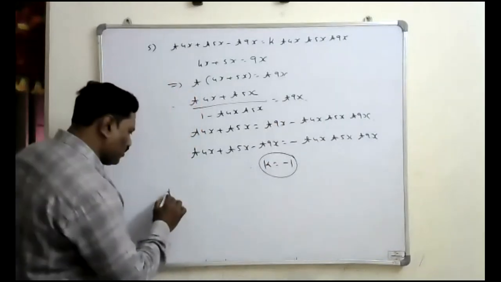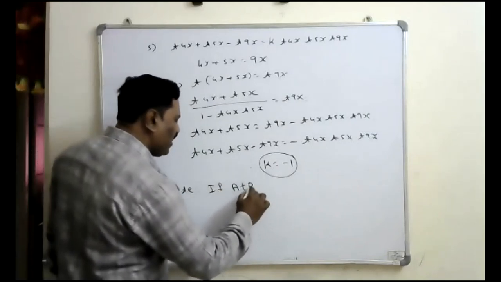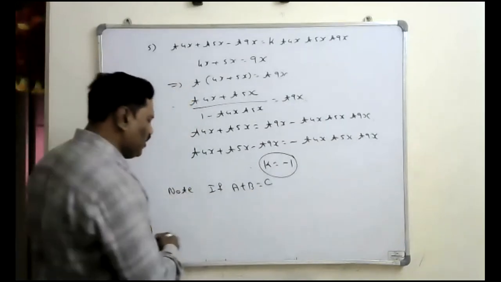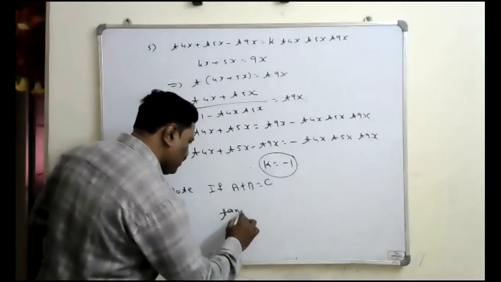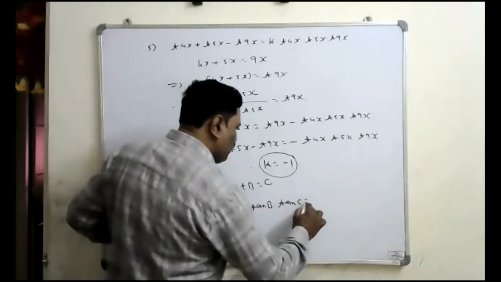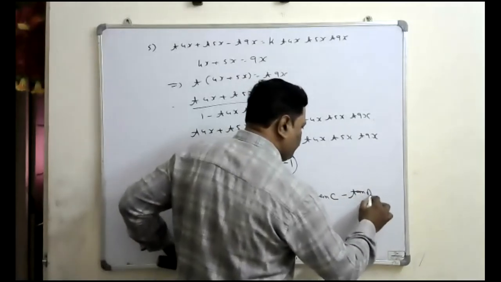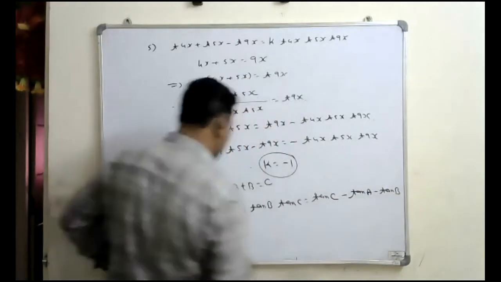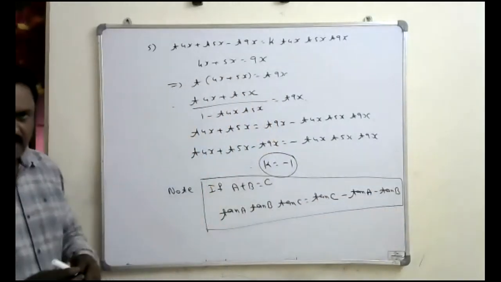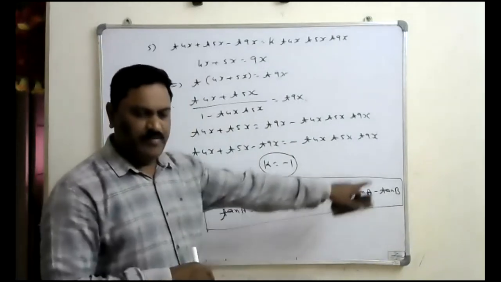Here also remember this result: if the sum of two angles is equal to the third angle, then the product tan A tan B tan C is equal to tan C, the big angle, minus tan A minus tan B. So this is the result we have to remember.